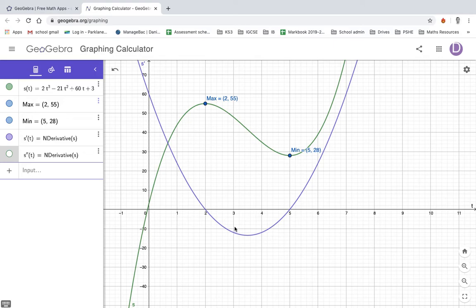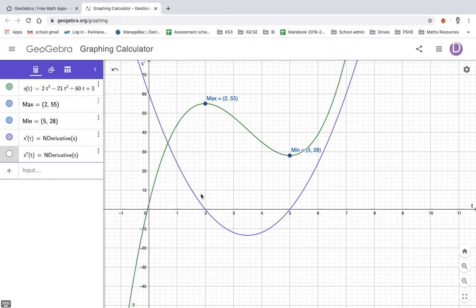Okay, so in this case, we can see that although the derivative here is going down, you can still see that it is positive. In other words, the value of this here is always above the x-axis. On my green graph, between here and here, the particle is moving towards the right, and all of the corresponding points on the derivative function are positive.